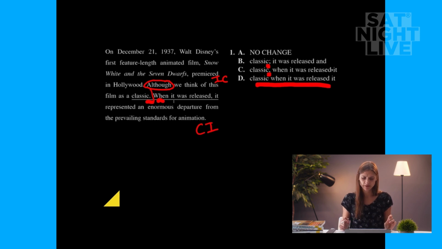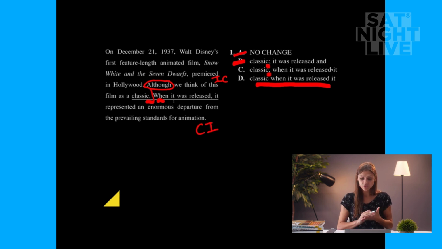What we do know is we have an incomplete idea and a complete idea, which means we don't want to use a period or a semicolon or a comma FANBOYS or anything that can come in between two complete ideas because of that incomplete idea. So we can get rid of choice B, right? Because that has our semicolon. And we can also get rid of choice A because that has the period.